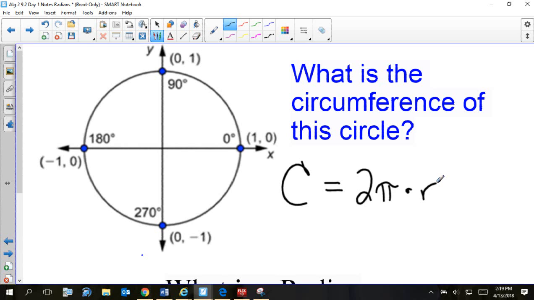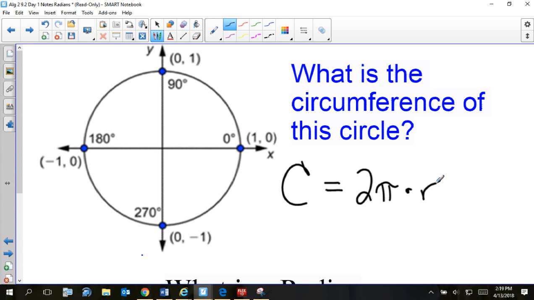What is a circumference when I talk about the circle? Like a perimeter?